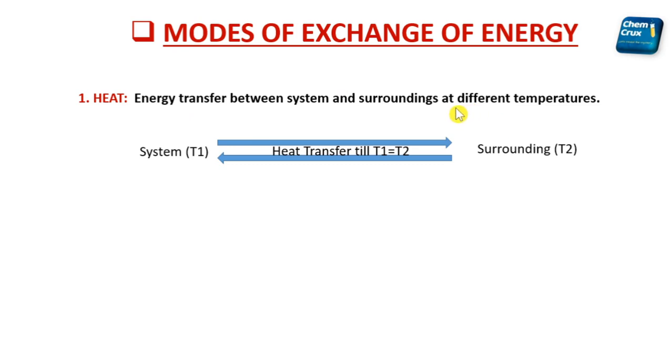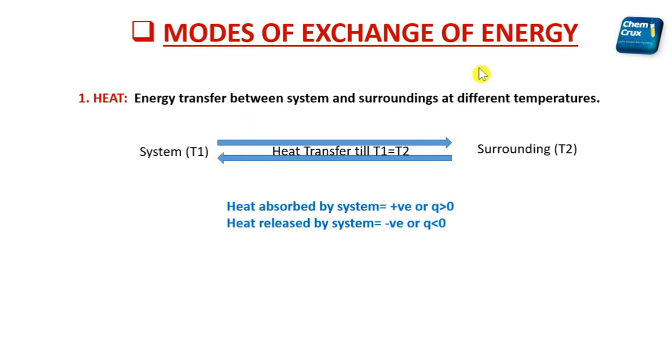So heat flow will occur from system to surrounding or vice versa until the temperature of both system and surrounding gets equal. That is, equilibrium is being attained. Suppose system is at a higher temperature, system will eventually lose heat, come down to a lower temperature, and this process shall continue until the temperature of both system and surrounding gets equal.